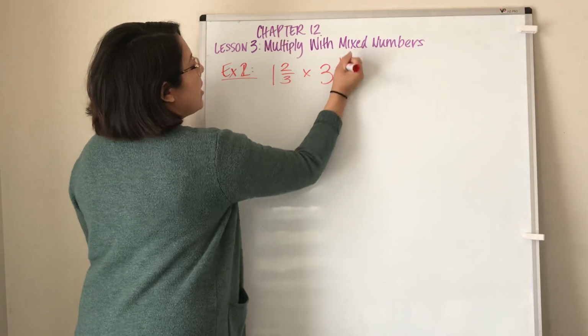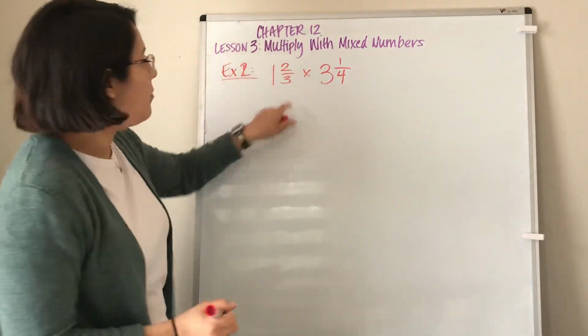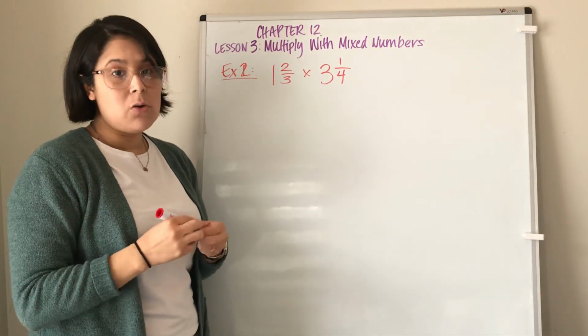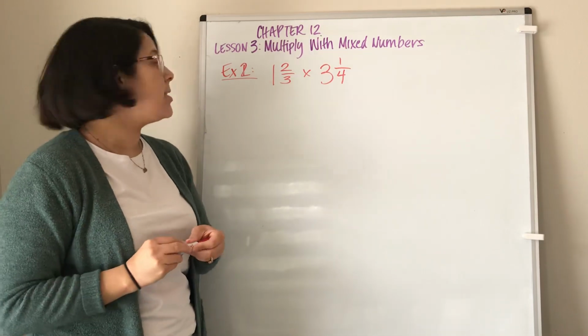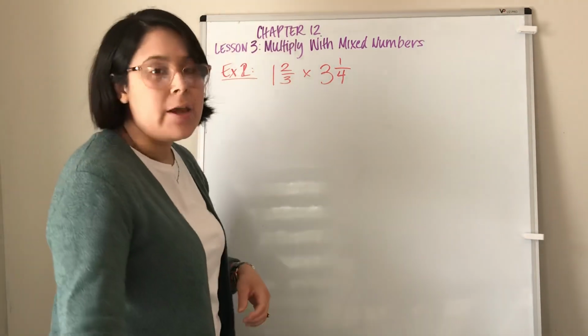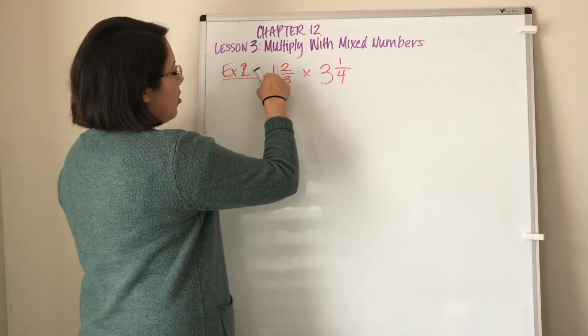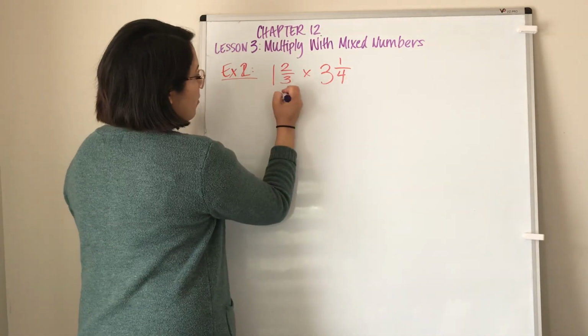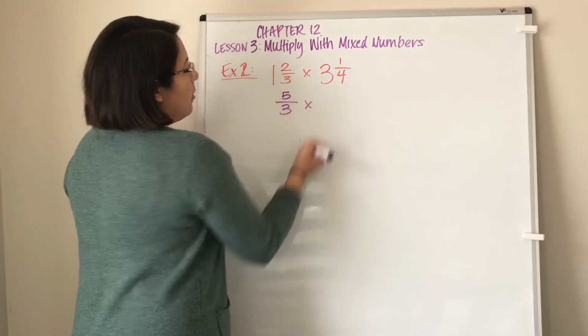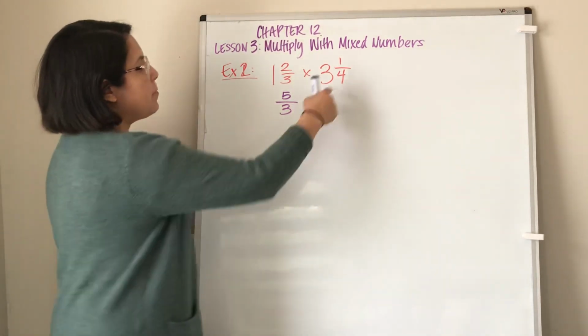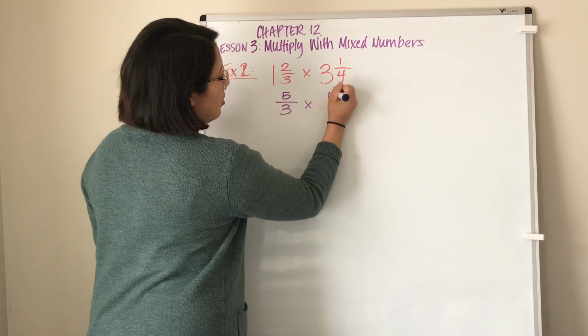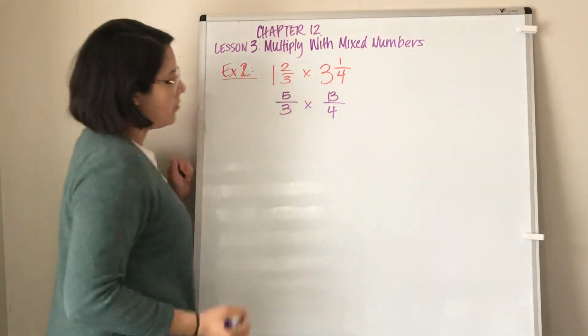Here's two mixed numbers there. Same thing. I need to change both of them into an improper fraction. So I get 3 times 1, 3, 4, 5. 5 over 3 times 12, 13 over 4.